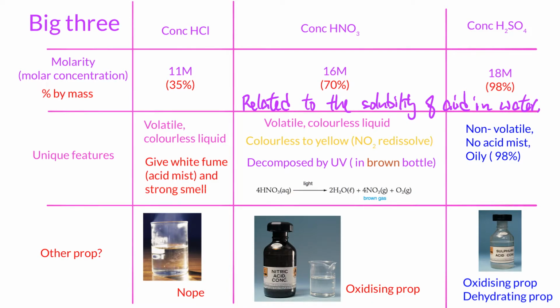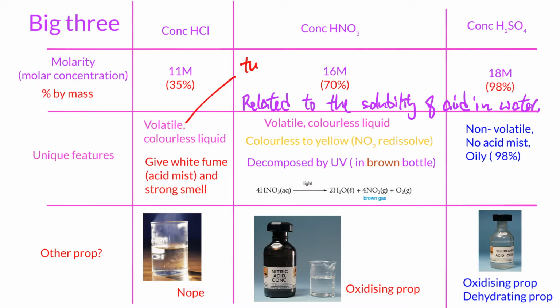So different acids may be different. You have to recognize the unique features of them. For conc HCl, that will be a volatile colorless liquid. The color of the acid is colorless. Actually, all three of them are colorless. Volatile means that they can turn into vapor easily.